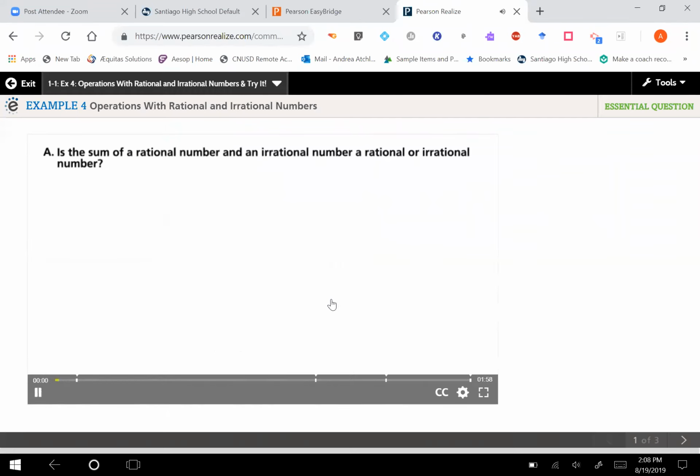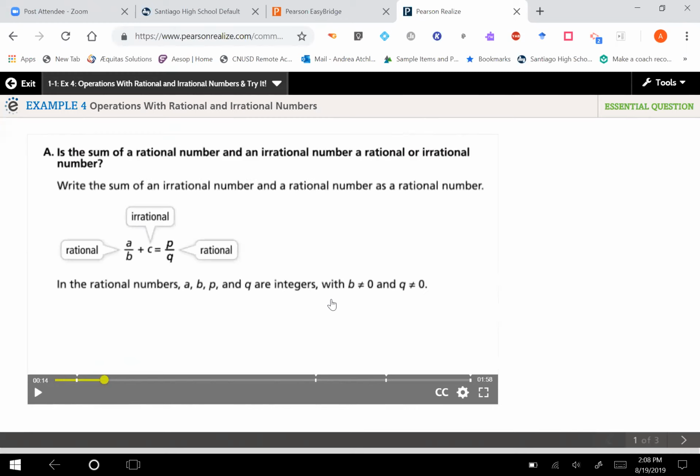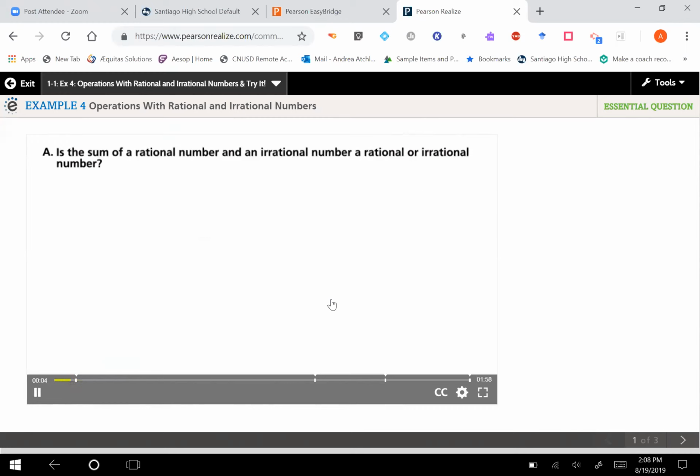Is the sum of a rational number and an irrational number a rational or irrational number?